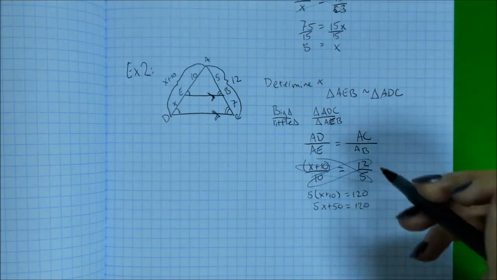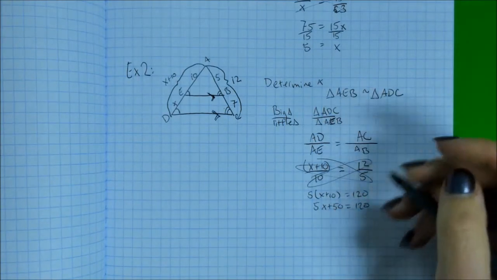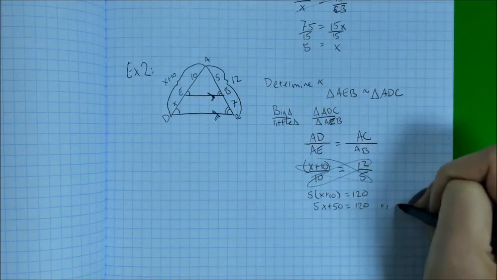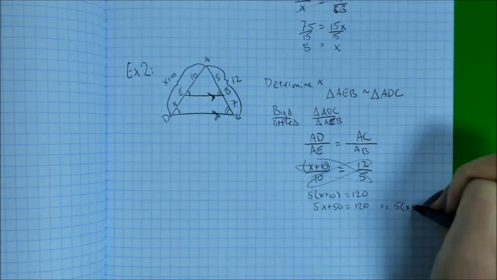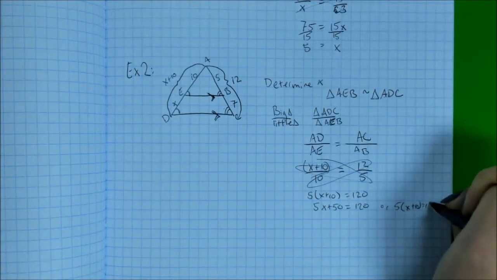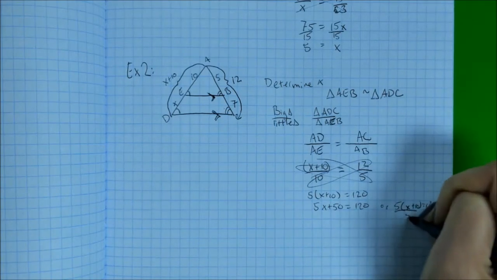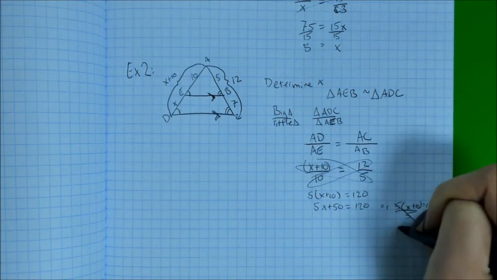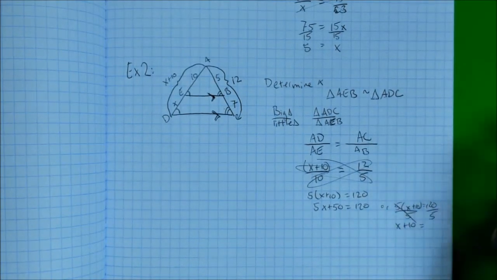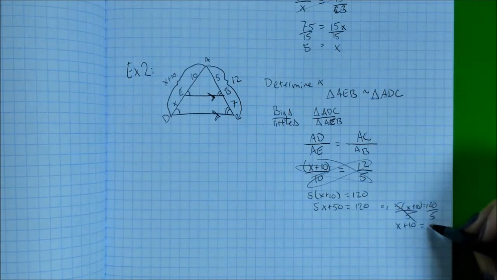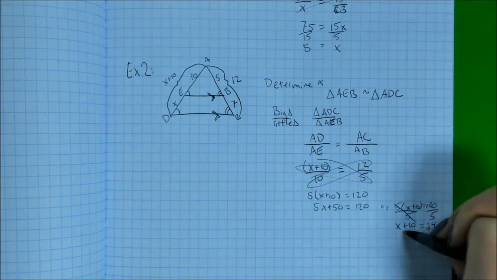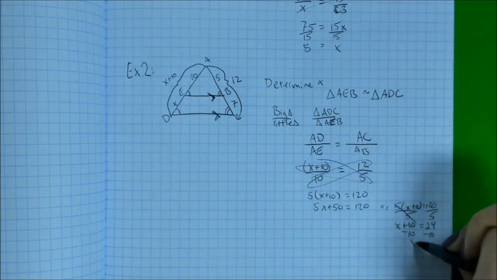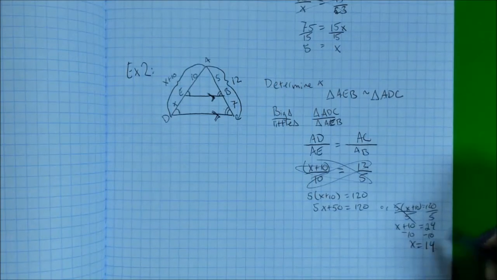So I can either distribute or I can divide both sides by 5, which is actually what I'm going to do because that's a lot easier. So I divide both sides by 5. I get x plus 10 equals 24. Minus 10, x is 14.